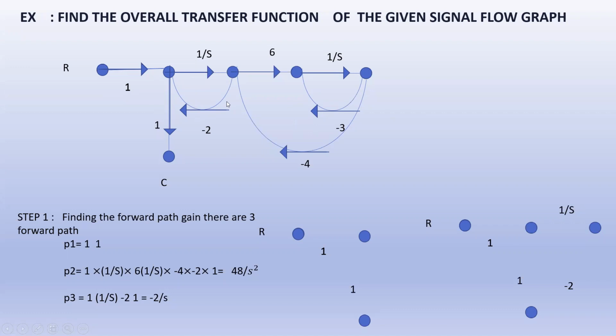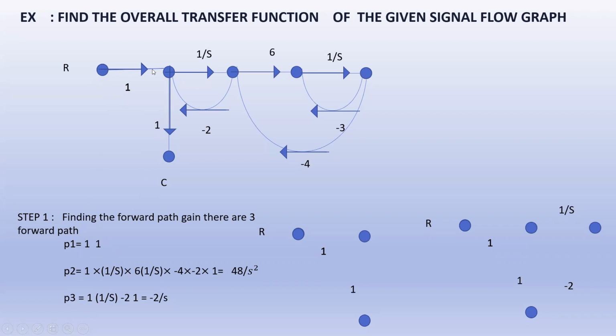This is the signal flow graph we have. The interesting thing here is we have the input over here and the output over here. So we can have three forward paths. That is this one path and into one path. So we have the first path with path gain 1 into 1, and we have another path.